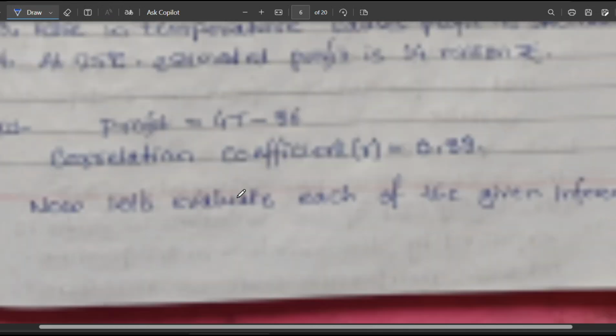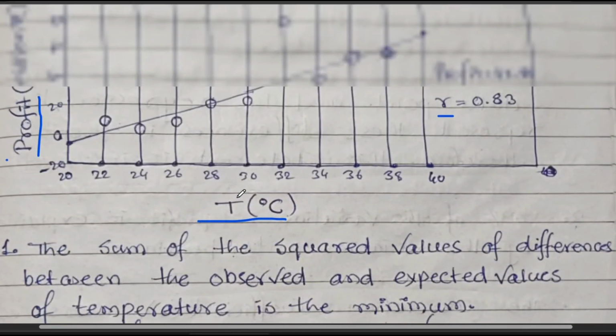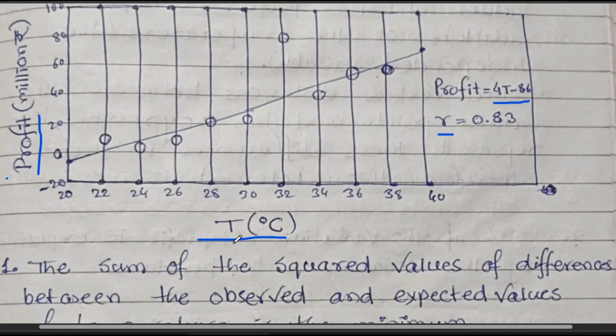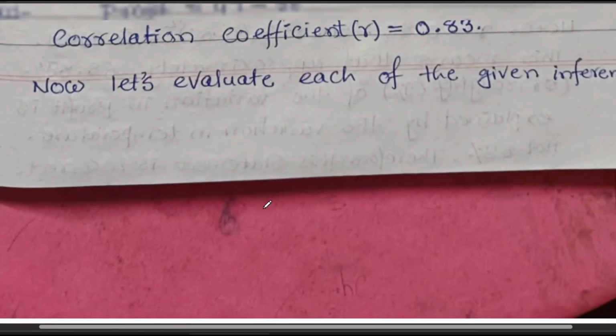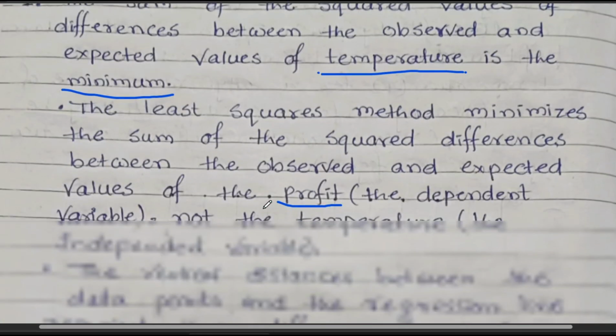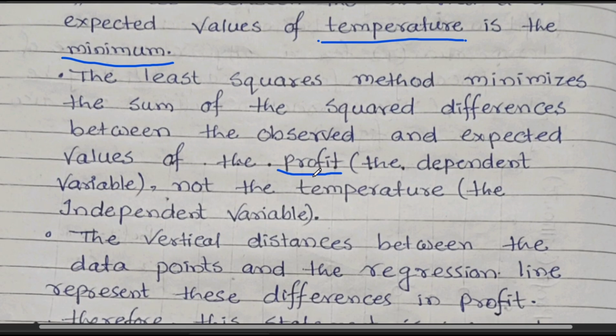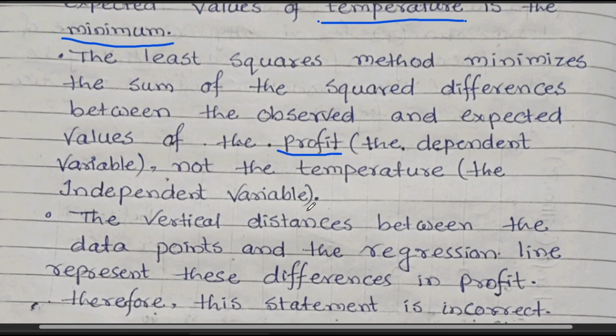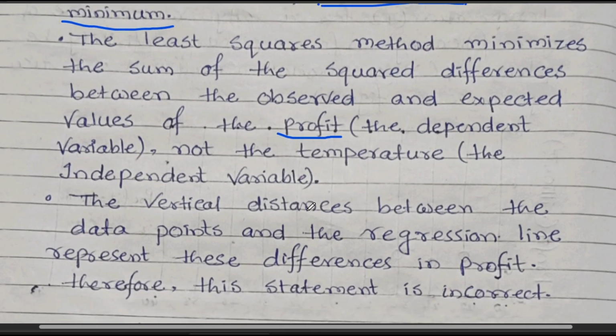How will we know? Here temperature is the independent variable and profit is the dependent variable. So profit is the dependent variable, not the temperature.